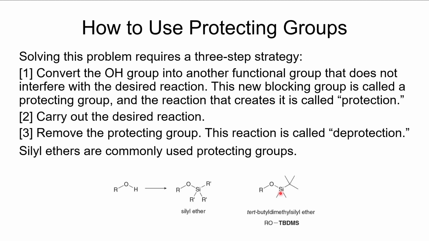In the conditions of doing a Grignard reaction or some sort of nucleophilic addition or substitution, which we're going to talk about a little bit later, these silyl ethers are essentially inert. They don't react. And also, this is a key requirement, it's fairly easy to remove that silyl ether to return it back to the alcohol. So let me show you how it works.